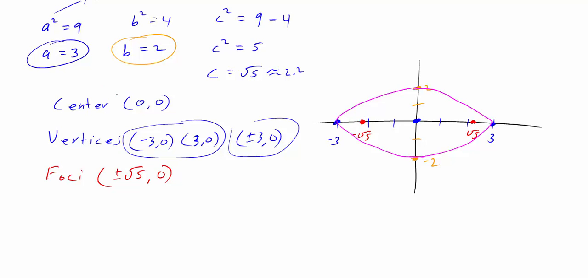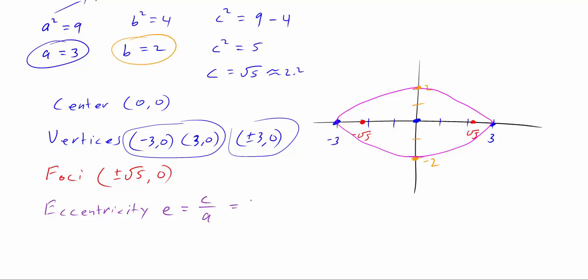And the last thing we want to calculate is the eccentricity. And remember, this is telling us how circular or how elongated the ellipse is. And remember, that's going to be e is equal to c over a.